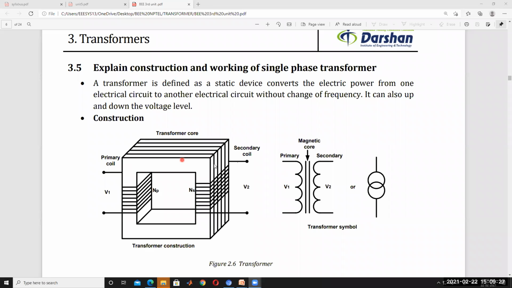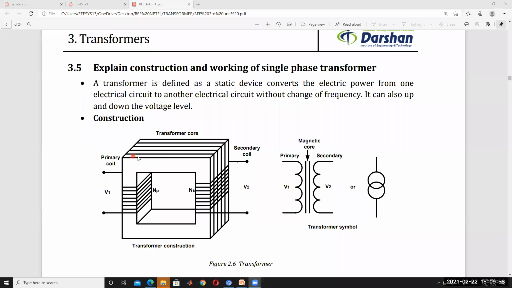sheets. By connecting different sheets together, we can make a transformer core. So this is one sheet and another sheet and another different sheet, connected together like this. By connecting these different sheets together, we form a core. So we are not taking a single solid material. Different sheets are connected like this.